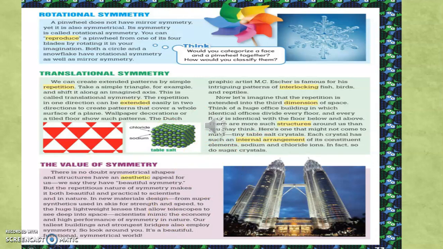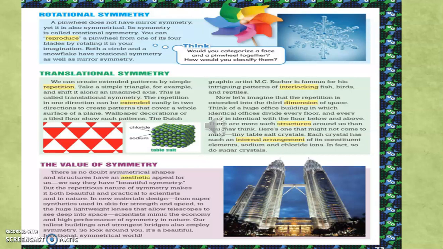There is no doubt symmetrical shapes and structures have an aesthetic appeal for us. We say they have beautiful symmetry. But the repetitious nature of symmetry makes it both beautiful and practical to scientists and in nature.